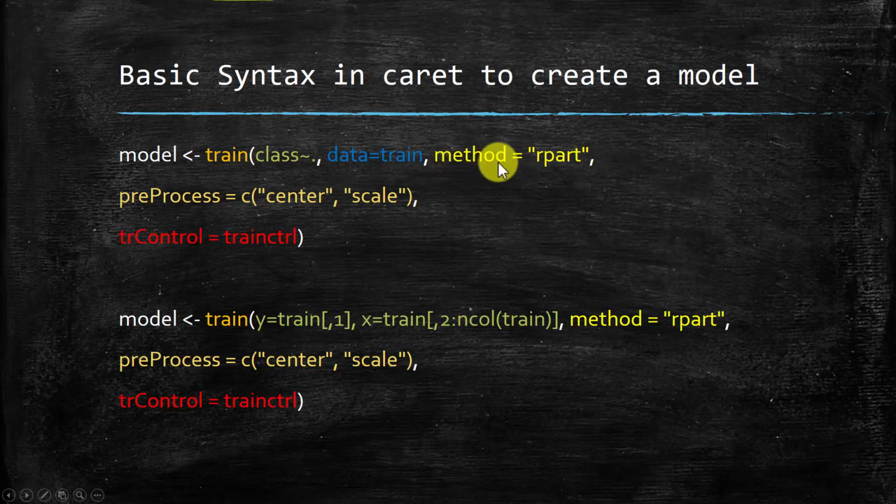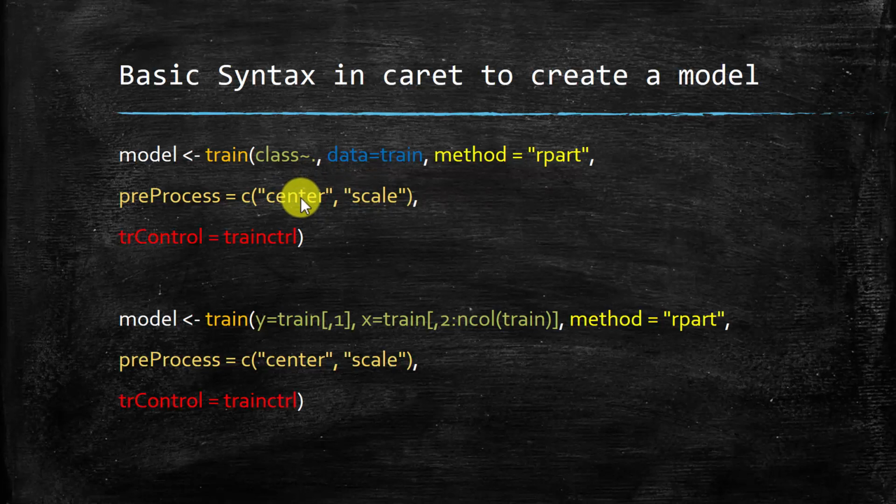The method is the algorithm that we're using. In this case, we're using rpart, or a single decision tree. Then we have some other options here. This preProcess argument tells Caret what pre-processing routines we want to potentially use. Here we're centering and scaling the data, so the data will be centered and scaled prior to it being used in the algorithm.